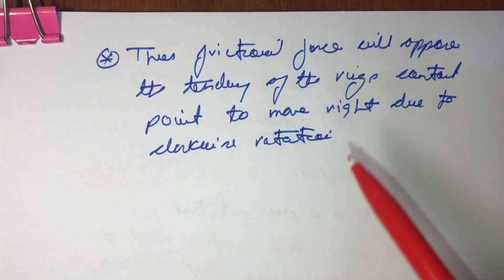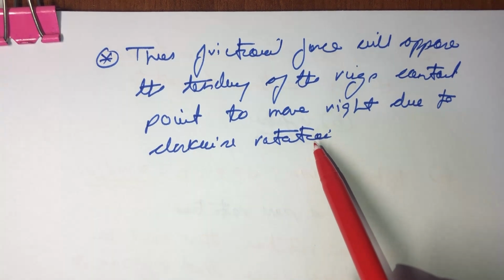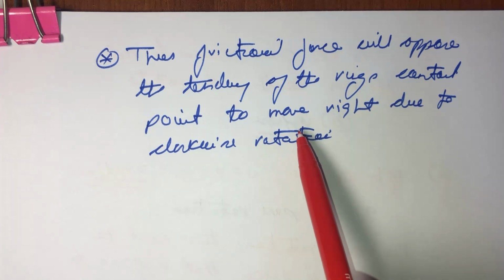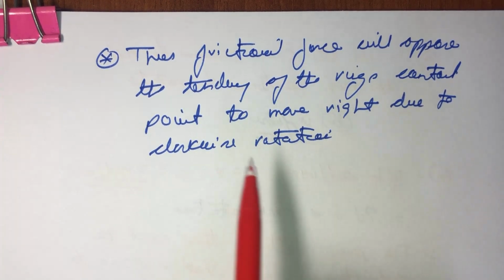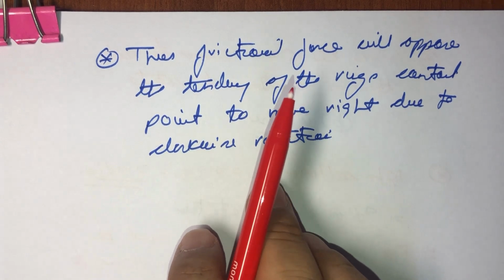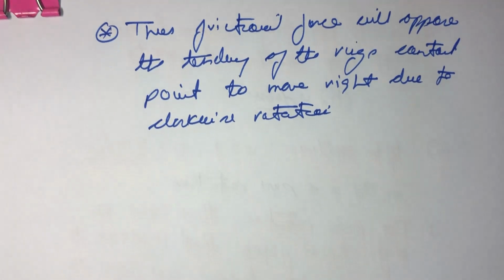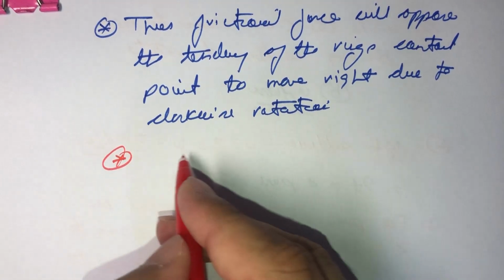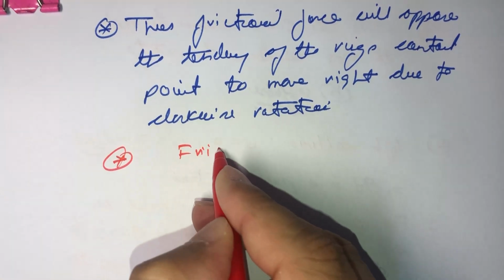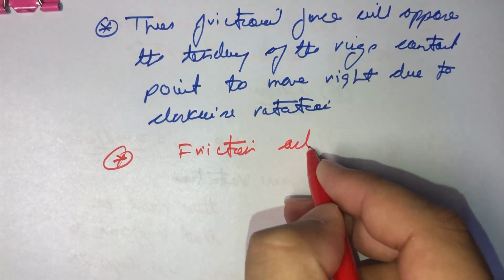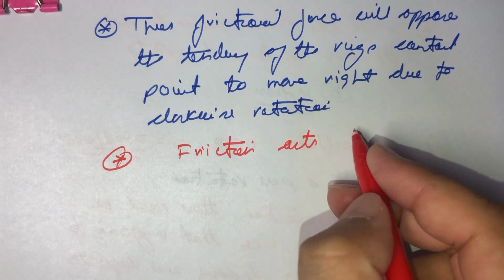So in order to counteract the tendency of the point of contact to move towards the right, the friction will be acting such that it opposes this clockwise rotation. Therefore, we can say friction acts to the left.